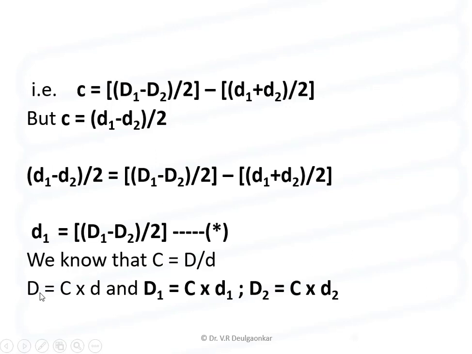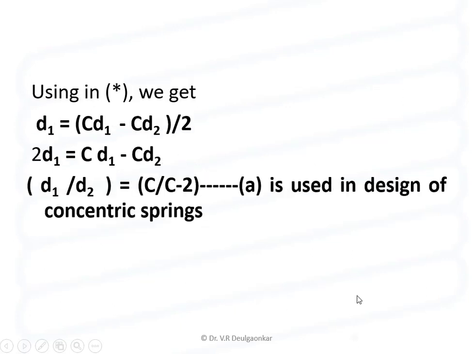So using D equals C into d, that is D1 equals C into d1 and D2 equals C into d2, we get d1 equals C d1 minus C d2, that is 2d1 equals C into d1 minus C into d2, whereas d1 by d2 equals C divided by C minus 2, which is used for the design of concentric springs.